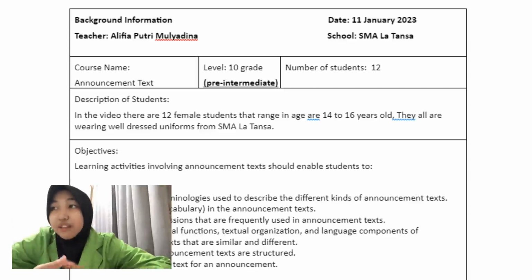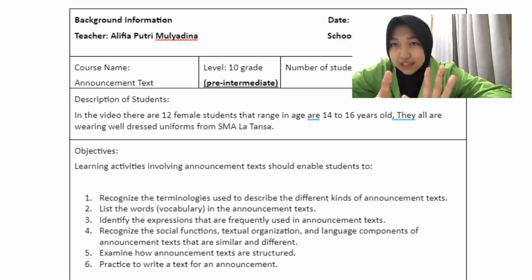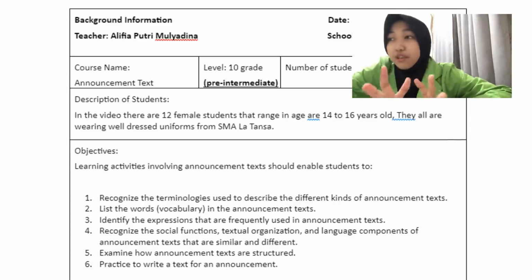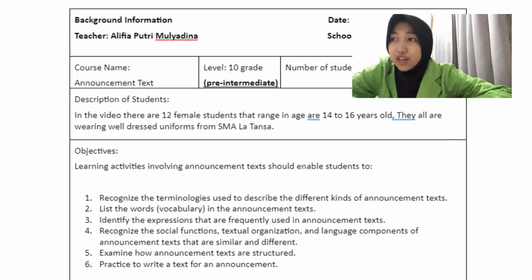The objective of the learning activities in informing announcement text should enable students to do 6 things. The first is recognize the terminologies used to describe the different kinds of announcement text. The second is list the words or vocabulary in the announcement text. The third is identify the expressions that are frequently used in announcement text.